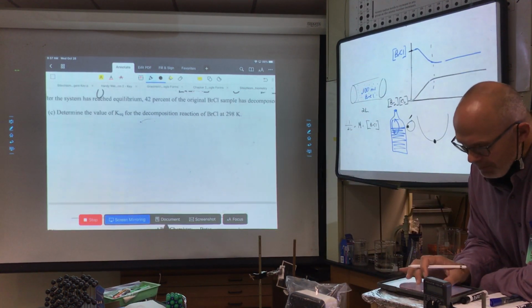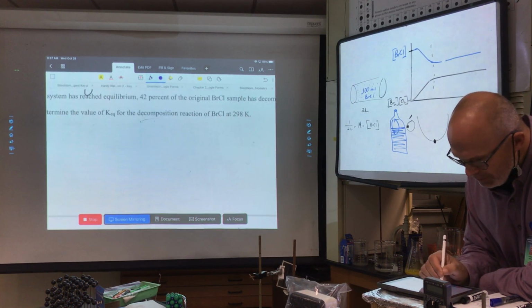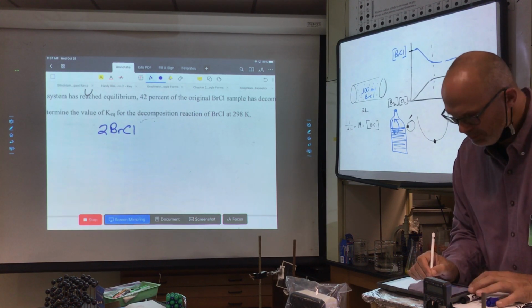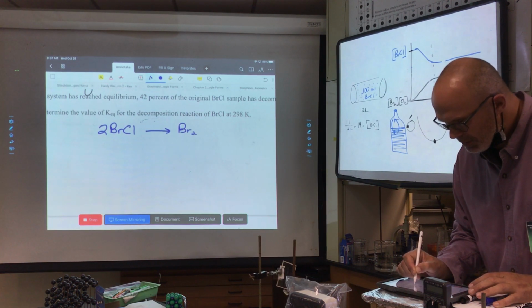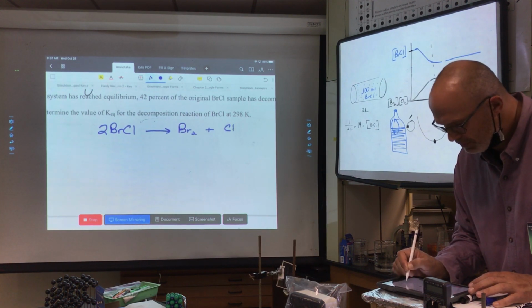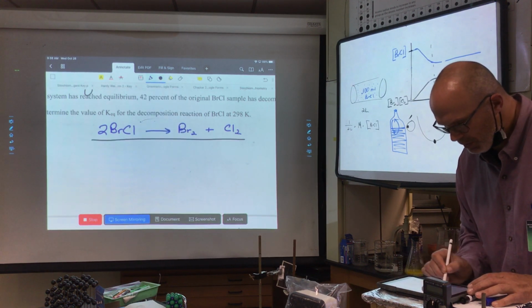So I'm going to write the reaction. 2BrCl goes to what? Br2, it's diatomic, and Cl2. And I'm going to put in our boxes. We're going to do an ICE table.